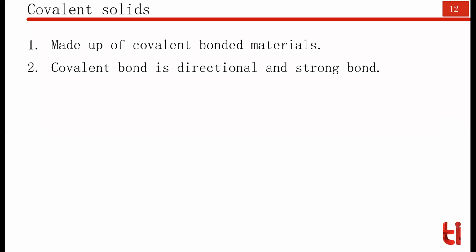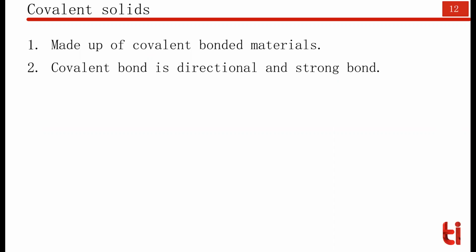As the name suggests, in this portion we are going to discuss the structure of those materials which are primarily made with covalent bonds. And we know a covalent bond forms by sharing of electrons, and the sharing has to take place between neighboring atoms. This results in the formation of a directional bond, and generally covalent bonds are much stronger compared to other kinds of bonds.